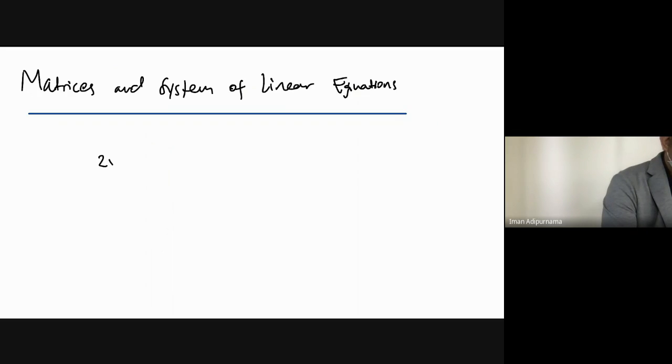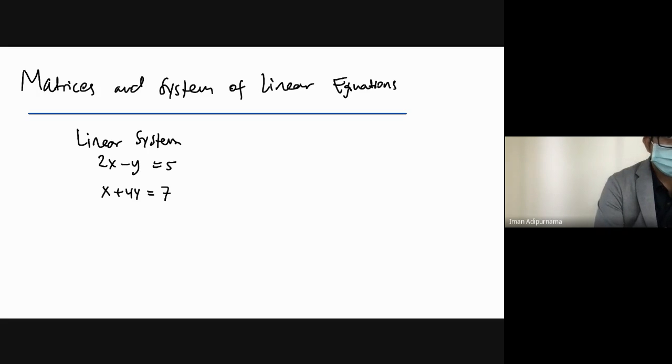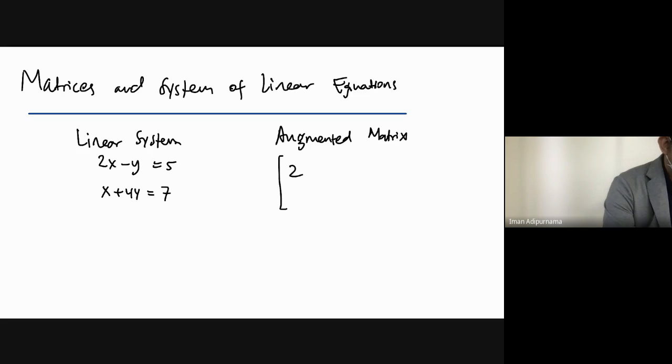Let's say we have a linear system and augmented matrix. So we can write this in terms of 2, -1, 5, 1, 4, 7.